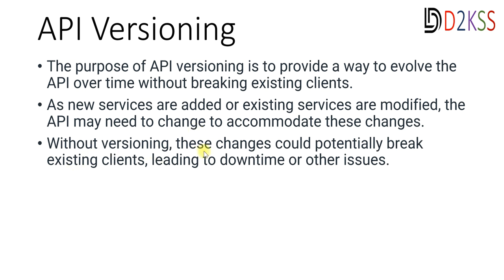Without versioning, these changes could potentially break the existing client communications, which leads to downtime or other issues. So, using API versioning, we can overcome these potential issues, which is breaking the existing client communications, and avoid the downtime.